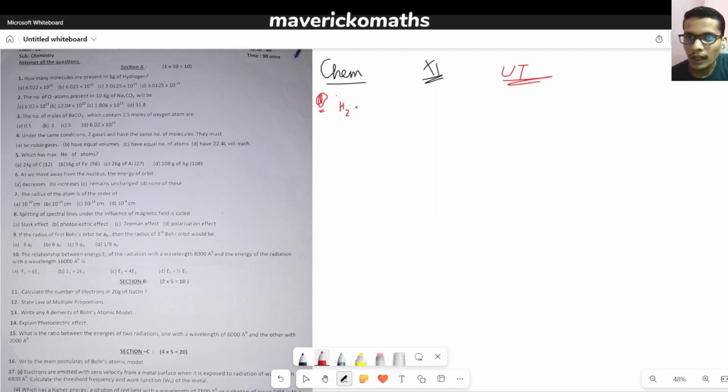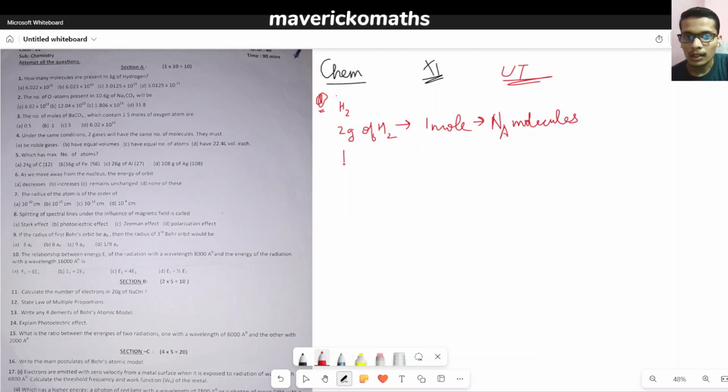So this is basically 2 grams of hydrogen, that means it is 1 mole. And 1 mole contains molecules equal to the Avogadro's number. I hope everyone knows this.